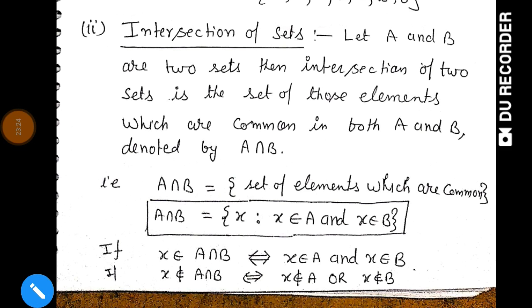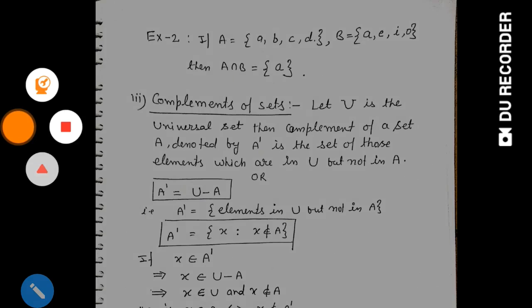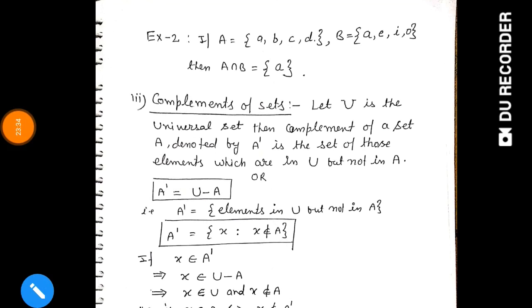If X belongs to the intersection, then we use 'and'. If X does not belong to the intersection, then we use 'or'. Okay. We can take an example. If A is equal to {a, b, c, d} and B is equal to this, then A intersection B is what is common in both A and B. So a is common in both sets. Okay, so A intersection B is equal to {a}.